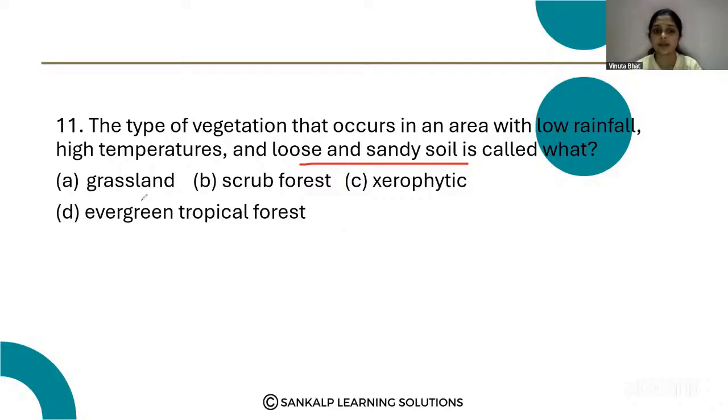So A, B and D do not contain sandy soil, but option C, the vegetation type that is called xerophytic. The plants that grow in desert conditions are called xerophytic vegetation. Option C is the correct answer.